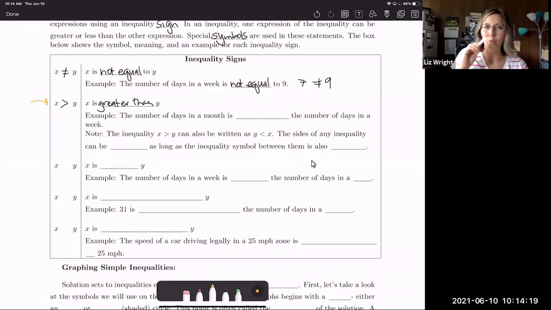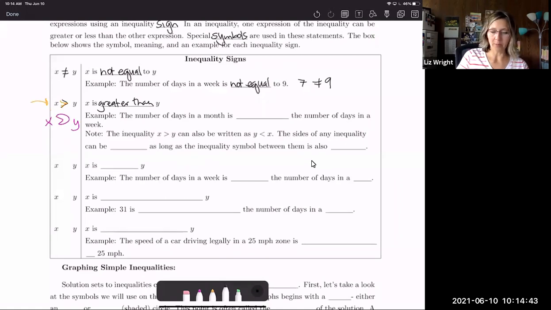So x is greater than y. Some of you have talked with me about how your teacher way back when would talk about how the alligator eats the larger value. I've mentioned before that my kids are now drawing Pac-Man symbols. So x is greater than y. Whatever works, whatever helps you remember.